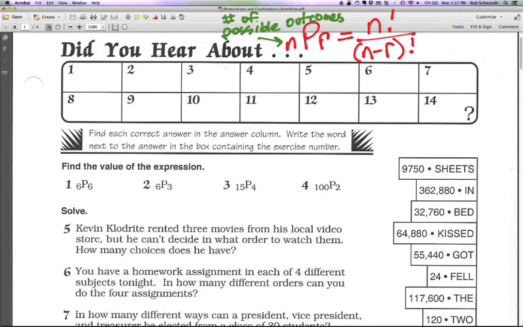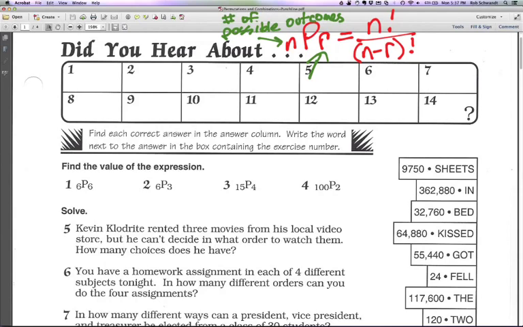So n is the total number of possible outcomes. If I'm rolling 2 dice, there are 36 different ways the dice could land, or if I'm flipping a coin, there are only 2 ways it lands, heads or tails. So n stands for the number of possible outcomes.